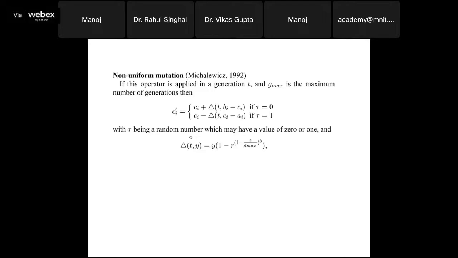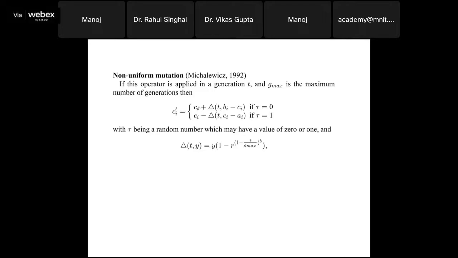So in the beginning, because more exploration is needed, the jump created by the mutation or perturbation created by mutation would be higher. And as we move forward, if everything goes well, that means your selection and crossover operators, both of them combined together, are able to drive the whole solution population towards the promising region, there is no need to have a bigger perturbation.